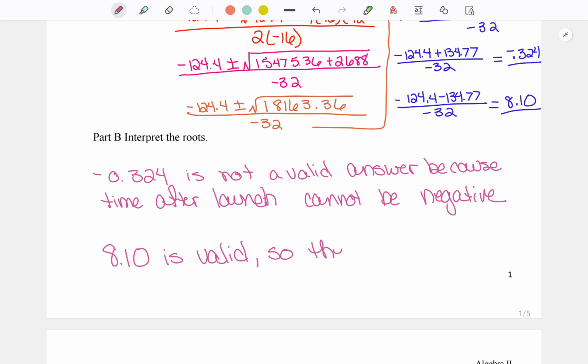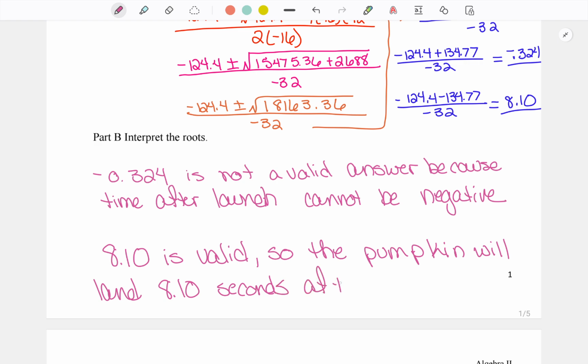So the pumpkin will land 8.10 seconds after launch.